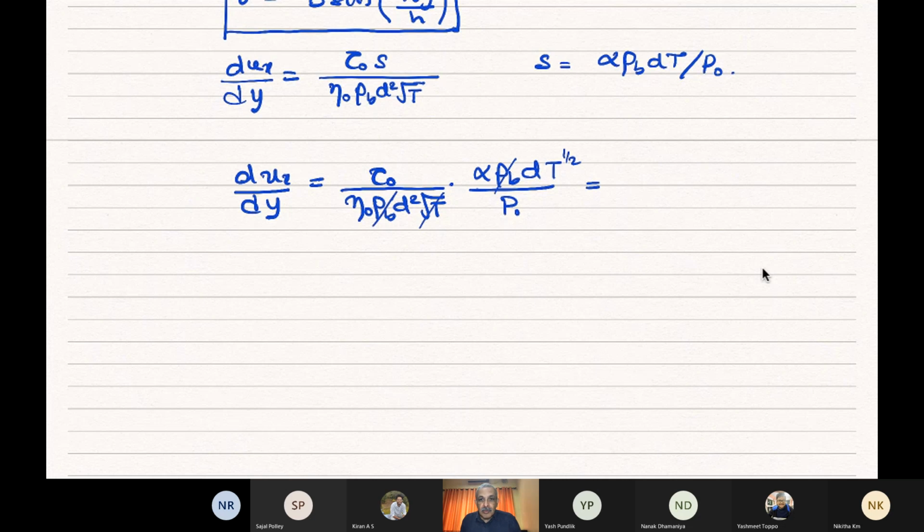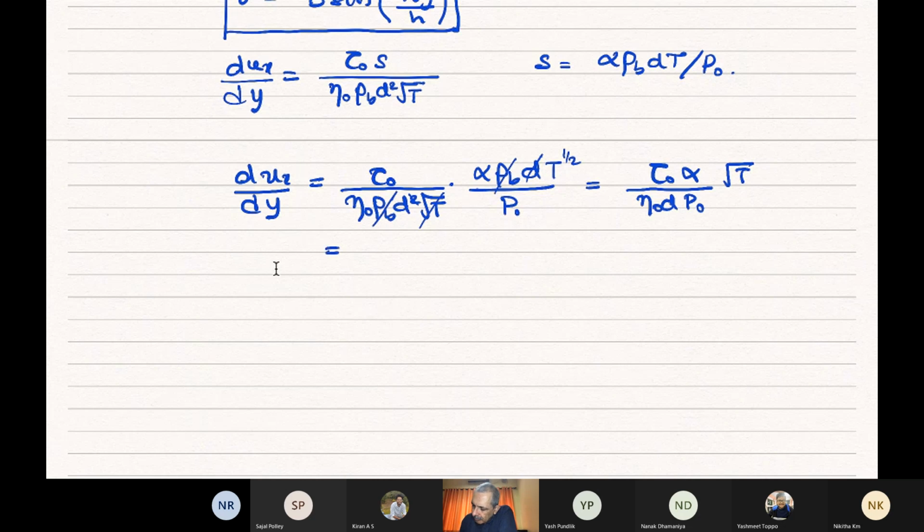So now what we are left with is tau 0, sorry, d also cancels from here. So you get tau 0 alpha, these are all constants, divided by eta 0 d into p0, and this whole thing into square root of t.